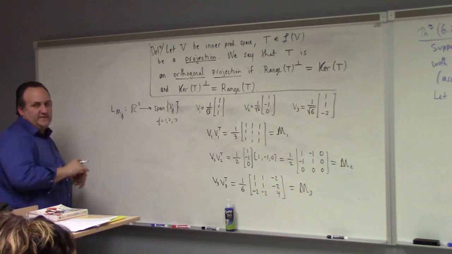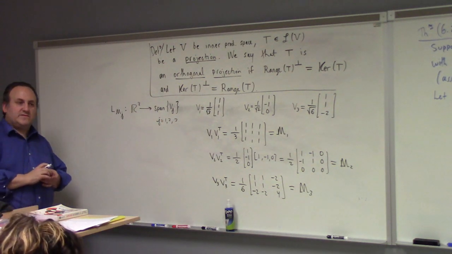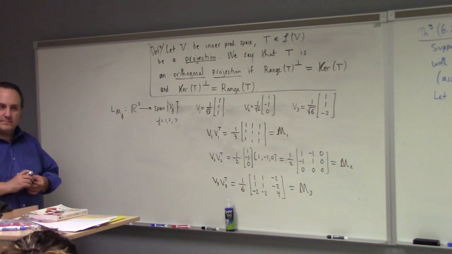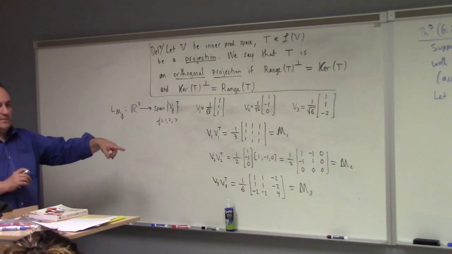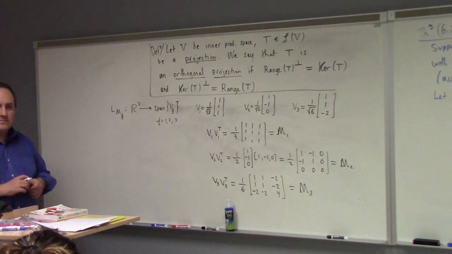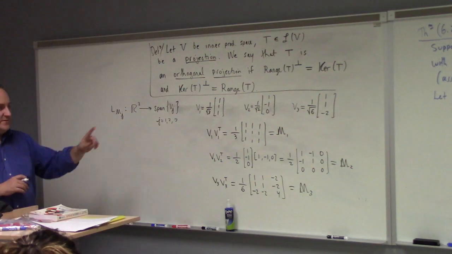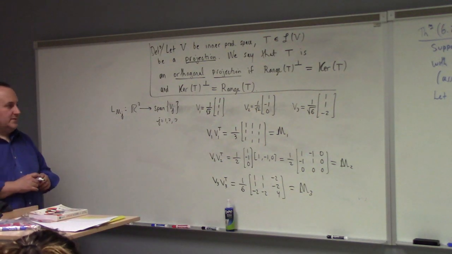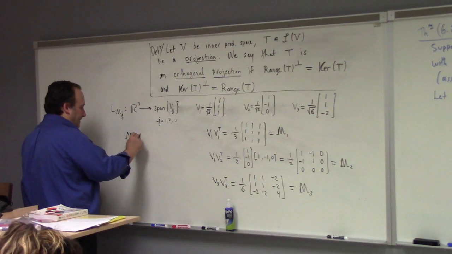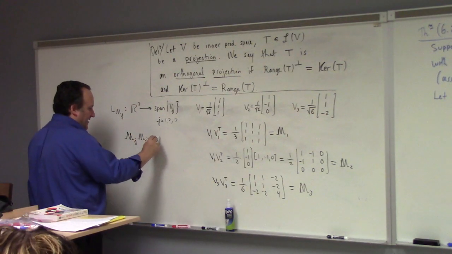These define projection matrices onto those subspaces. They're also commuting. These matrices commute. These matrices are also such that the square of any of them is just them again.